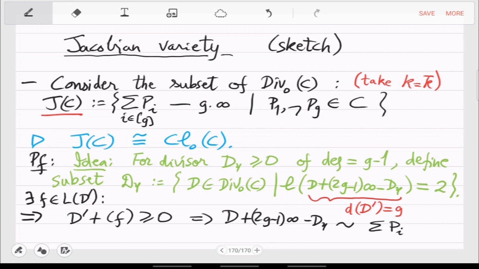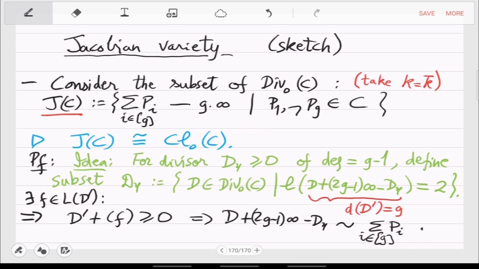And how many points? Think of k equal to k bar, so the degree of all the points is 1. The degree of the left-hand side is g, and d prime has degree g. So g many points. Okay, so this is what the subset is doing. It is collecting all these degree 0 divisors plus something which is fixed.